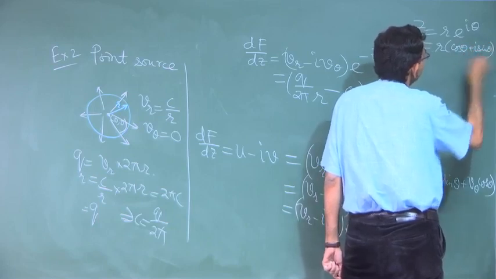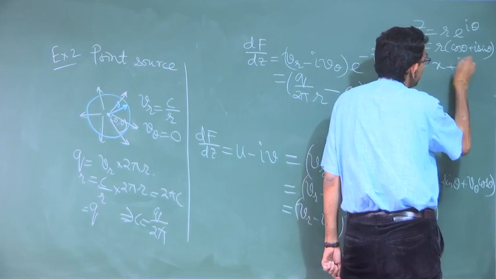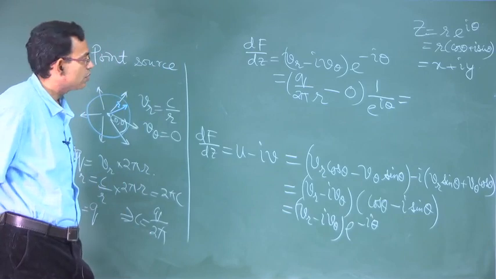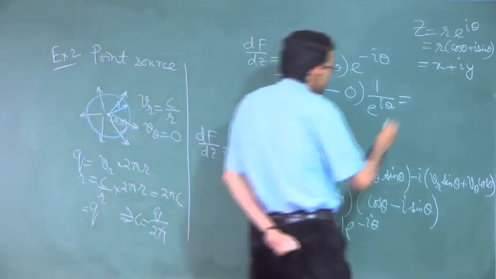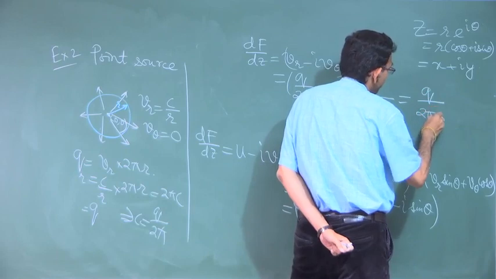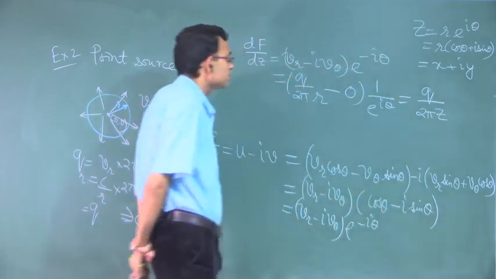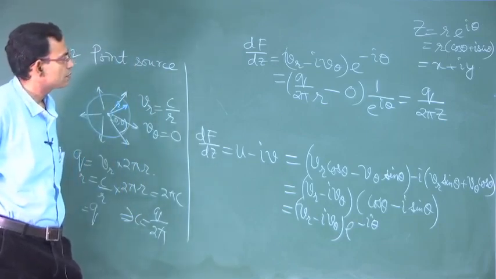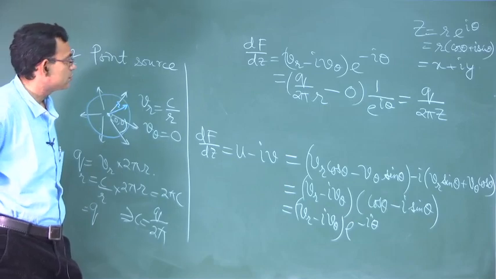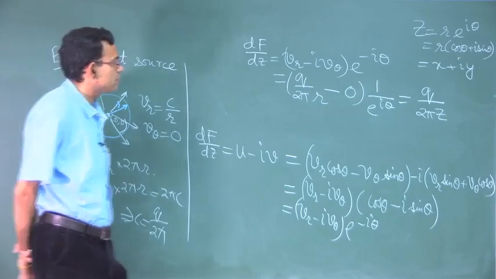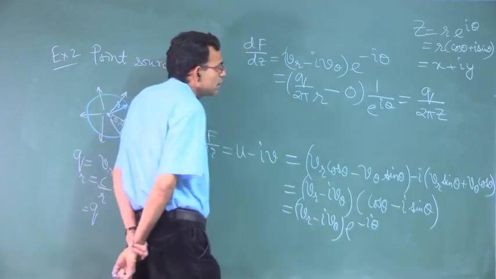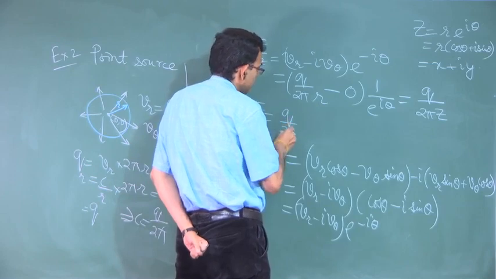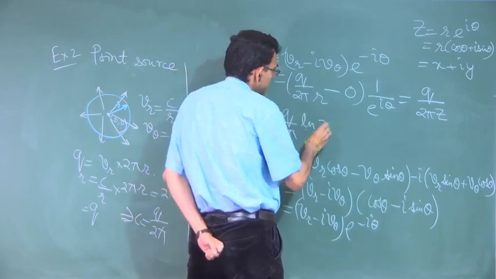So, this is r cos theta is x and r sin theta is y. So, this is x plus i y. Okay. So, this we can write q by 2 pi z. So, what is the corresponding f? dz by z is ln z.